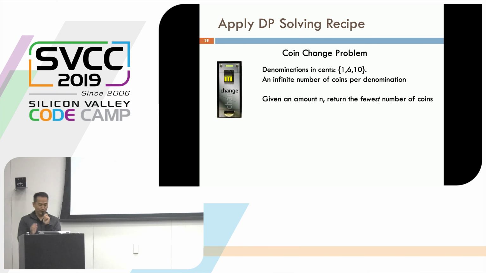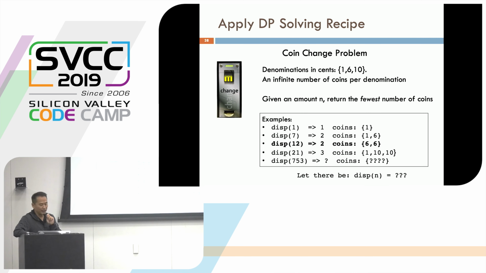The first thing you should do in any problem is try out a few examples, right? So you say, okay, if I give 1, how many coins do you think I'll get? I give 7, how many coins do you think I get? And if you start applying a greedy approach, you could, right? You say, I'm going to start with the largest coin and then go from there.